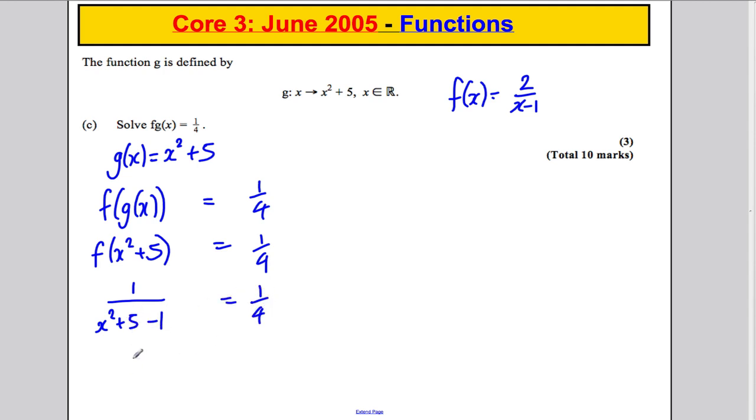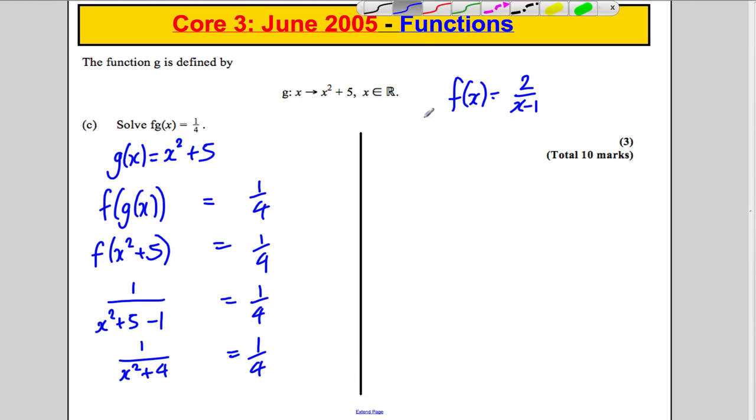That's what we're solving, which is 1 over x² + 4 equals a quarter. I'm going to draw a line down the page and continue my working down this side. You should keep going down the page. Therefore, you can state that x² + 4 must be 4. Flipping both fractions.